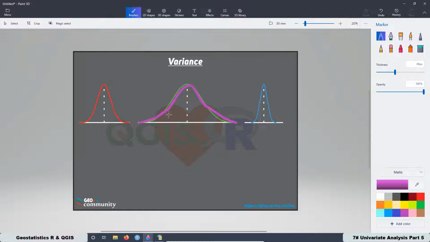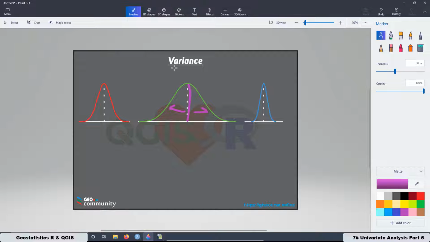In this case, for example, the values are very close to the mean value. Then in this case we have a very low variance, okay? In this case our data is pretty spread from the mean value to here and also to here, and in this case we have a variance that is higher than in this case, okay? And this case is something in the middle between this one and this one.